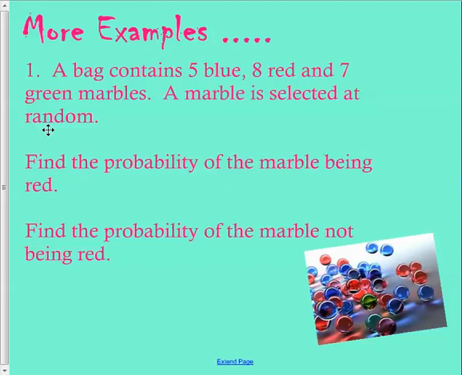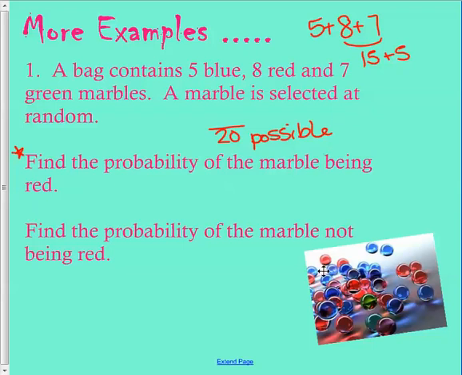Okay, so hopefully you added these up. So 5 plus 8 plus 7, and that gives you right here 15, plus another 5 is 20. So there's a total of 20 possible outcomes. Our favorable outcome in the first one is the reds. So we have a total of 8 red.